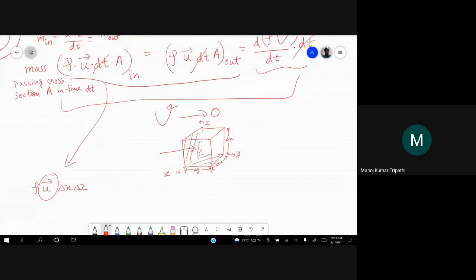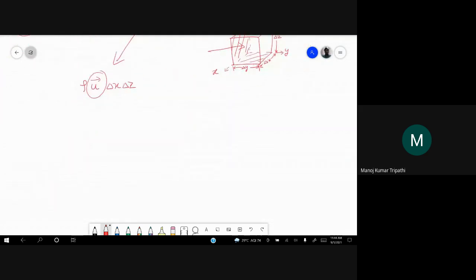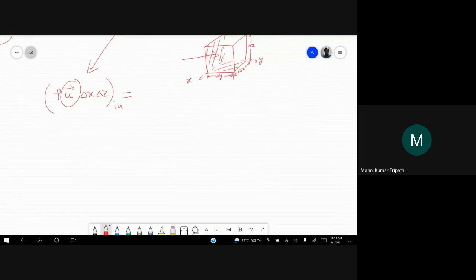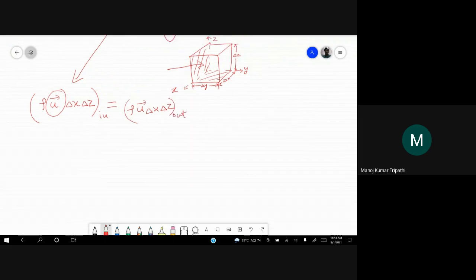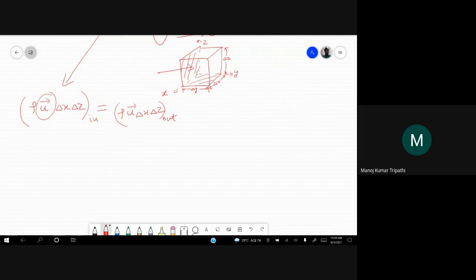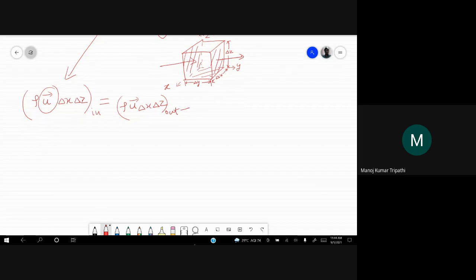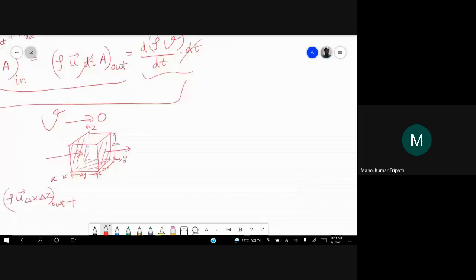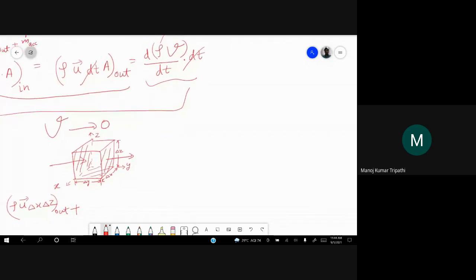So this one, and then you have equal to rho u delta x delta z out, because there also the area of cross section is the same, delta x delta z at the outlet here, if we are writing it only for one dimension right now, and plus you have d rho v by dt.